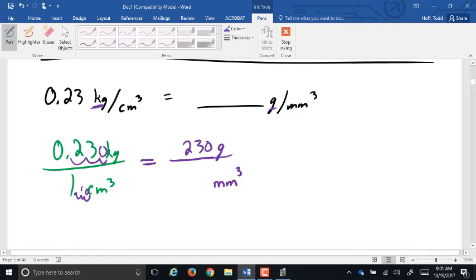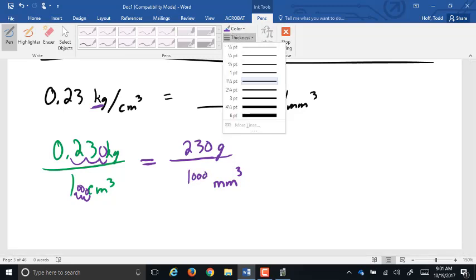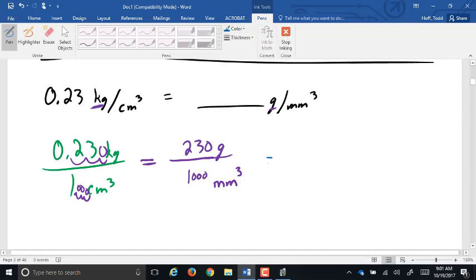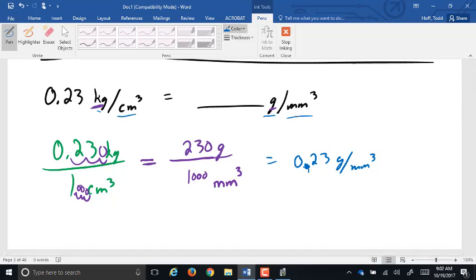We're going to go 1, 2, 3, filling in the zeros. We divide that out. 230 grams divided by 1,000 cubic millimeters is 0.23 grams per cubic millimeter. That's one of the easy conversions in the metric system. Because of the way it's set up, kilograms per cubic centimeter is equivalent to grams per cubic millimeter. They won't change.